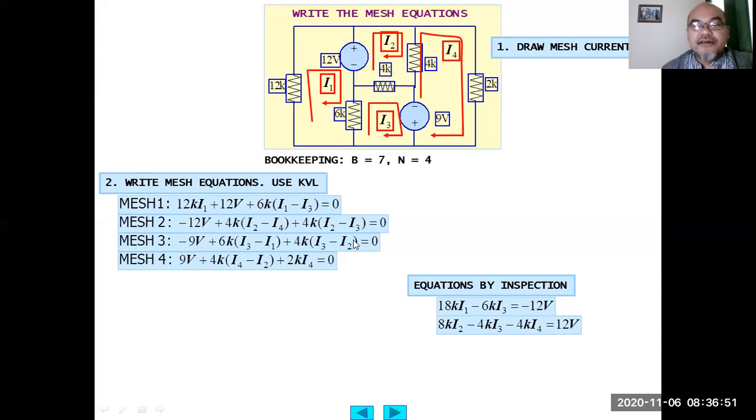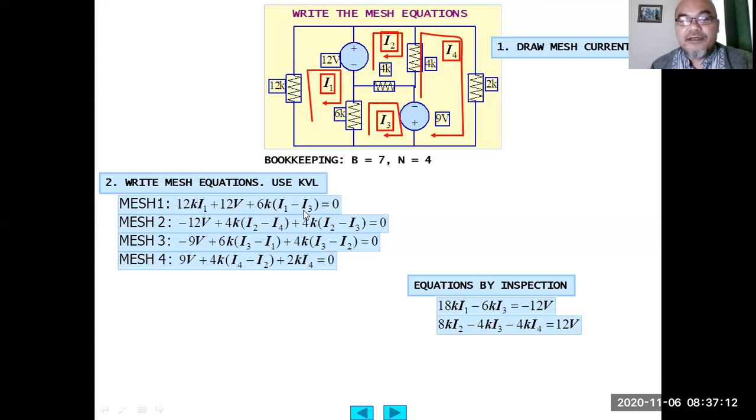I'm not sure. Equals negative 12. Oh, from the mesh one equation, this is negative 6k I3, and the I1 part is 12k plus 6k. 18k I1 minus 6k I3 equals negative 12 volt.